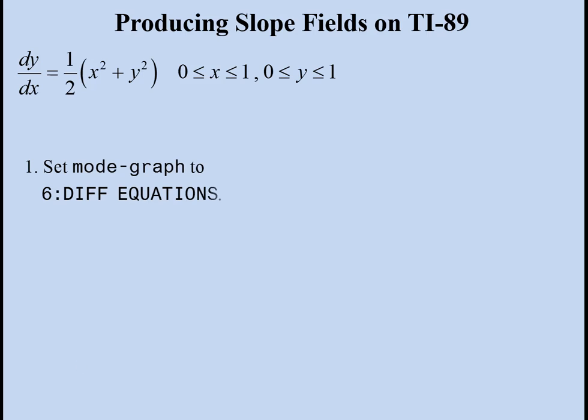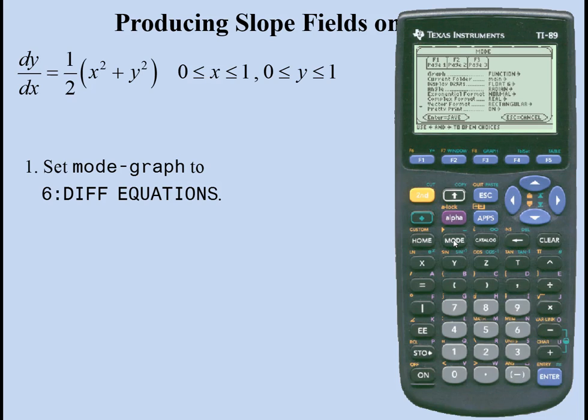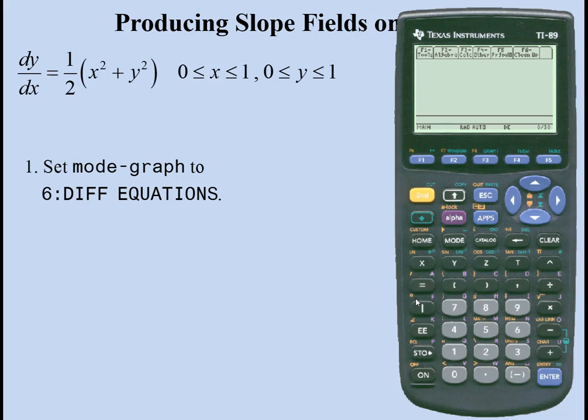We're going to first set the mode to differential equations mode. We do that by pressing the mode button where it says graph at the top. We hit the right arrow, select differential equations number 6, and then press enter to set the differential equations mode.